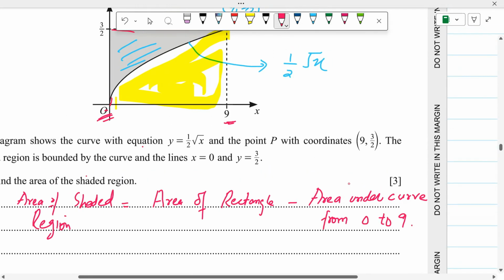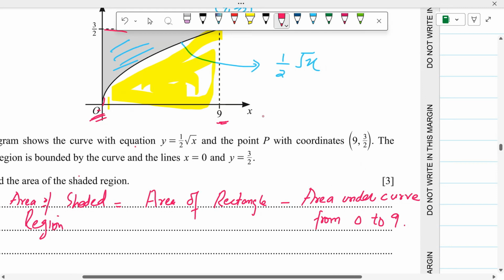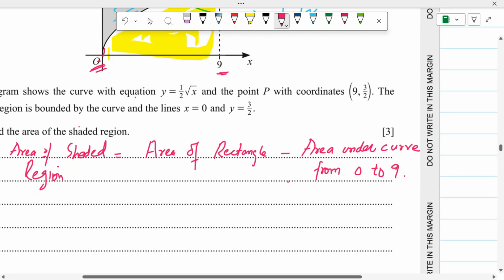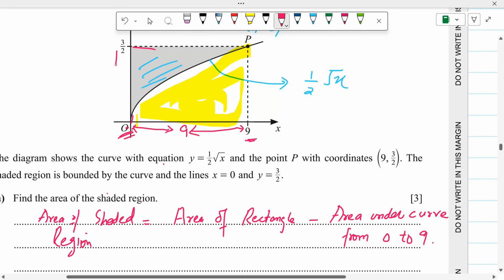To find the area under the curve, we will use integration of the function from limit 0 to 9. This is the width of the rectangle and this one is equal to 9. And the height is 3 by 2.